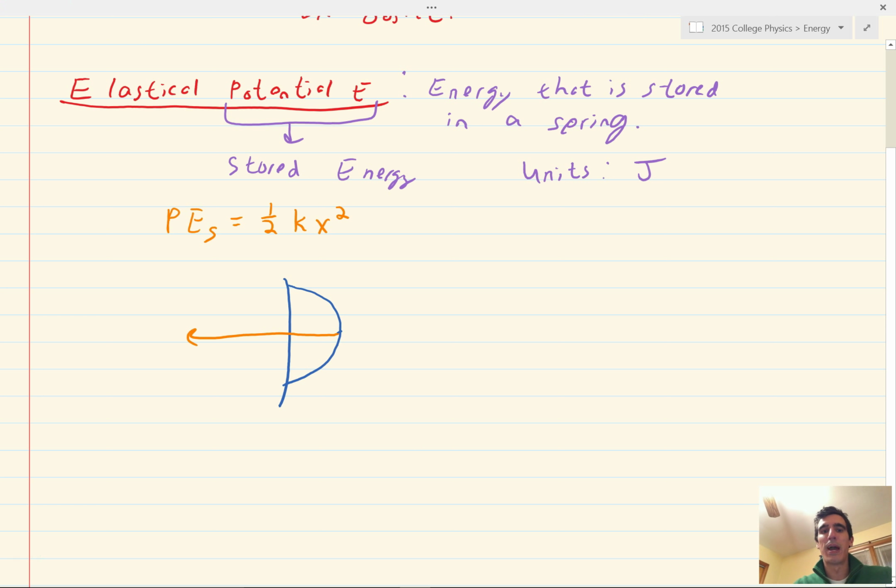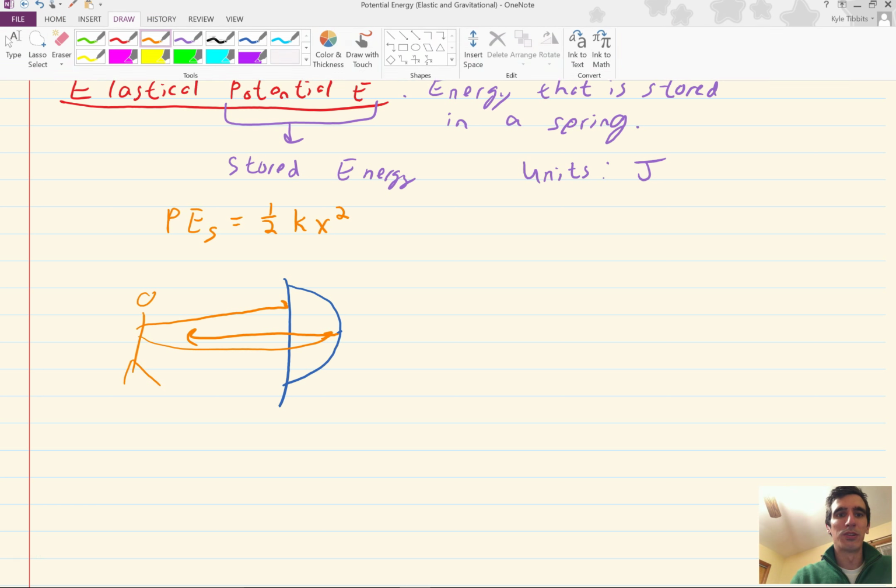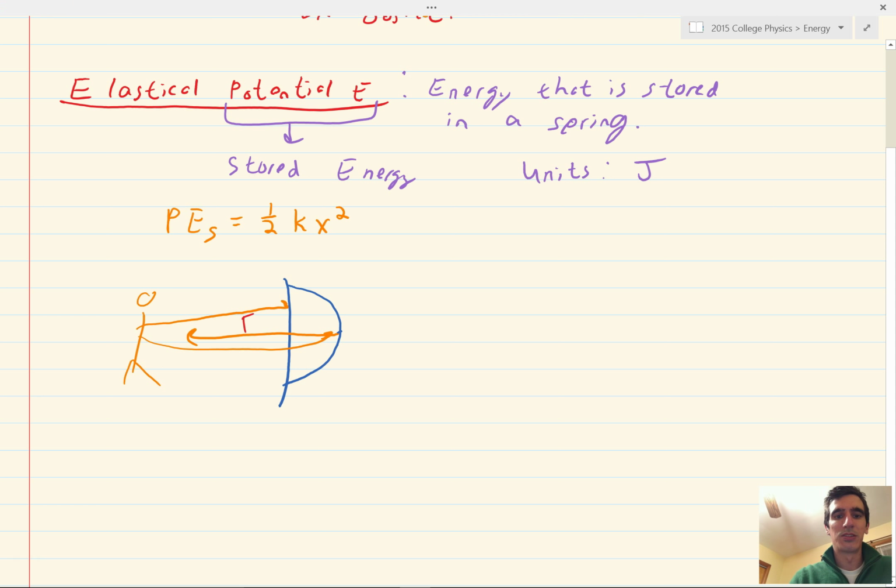In order to pull it back, you're applying a force on it, and it's moving a distance. One hand is holding on to the bow, and the other hand is pulling back on the string. Anyways, you're applying a force, and it's moving a distance.